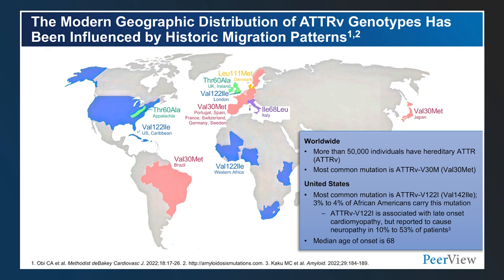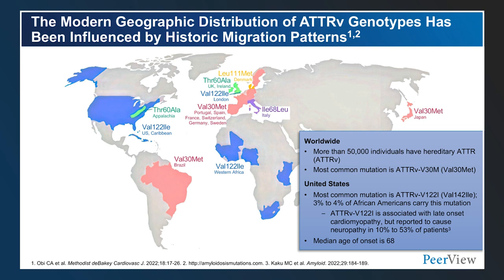In the United States, the most common mutation is the V122I or V142I mutation. This is thought to occur in up to 3 to 4% of African Americans. The mutation is associated with late onset cardiomyopathy, but neuropathy does occur in about 10 to 50% of patients, and I'll talk a little bit about that.